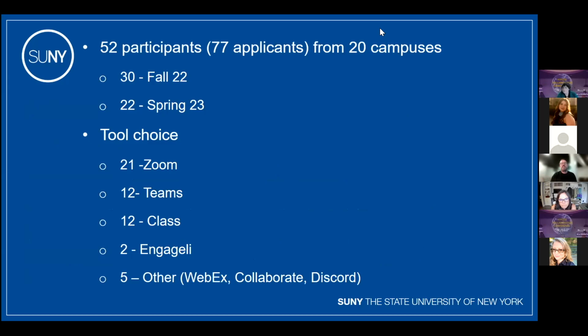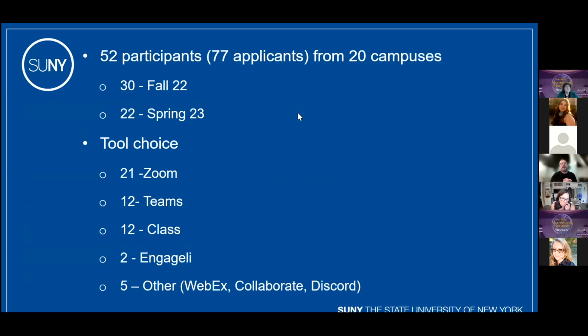So here are our numbers for the project. We had initially 77 applicants, and we got down to about 52 participants from those applicants. Some applicants didn't realize their campuses weren't supporting HyFlex as a mode of instruction, so they couldn't officially have their course as HyFlex. Some applicants only wanted to teach the course in a dual method, right?